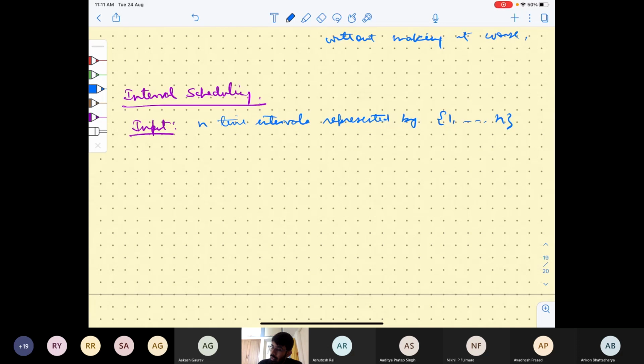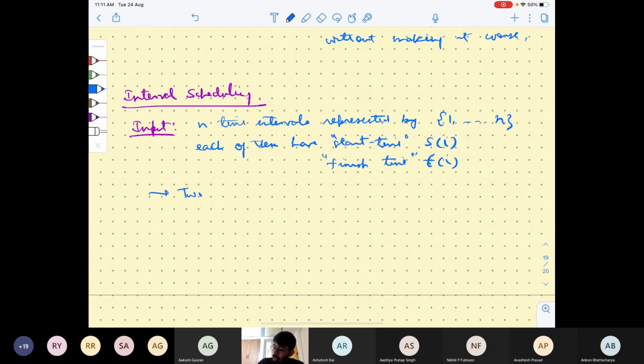Each of them has a start time S_i and finish time T_i. We say that two intervals are compatible if they don't intersect.